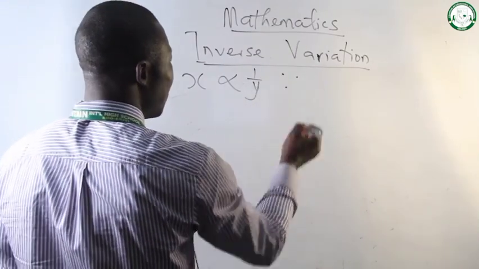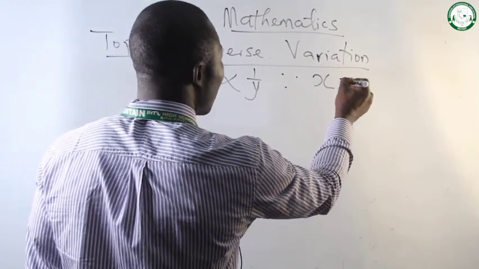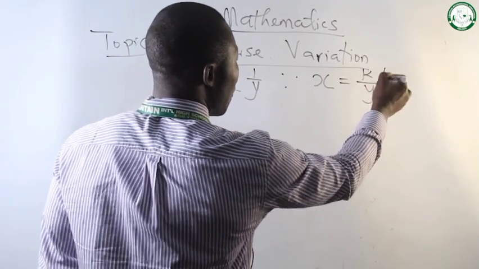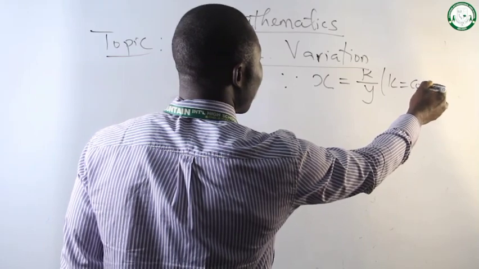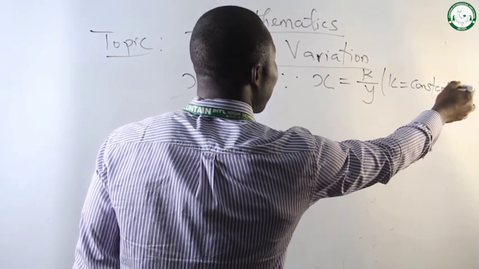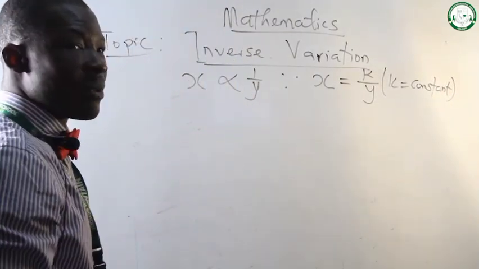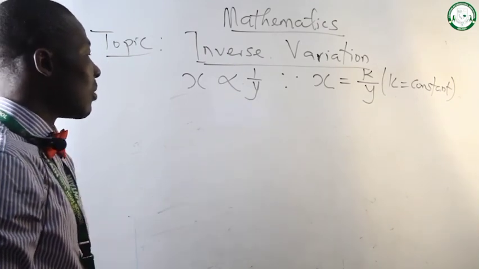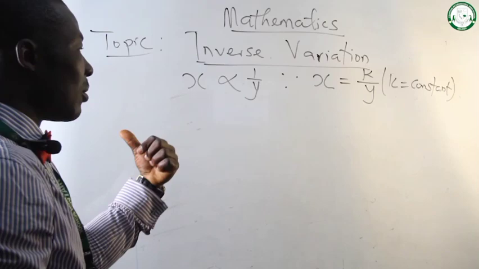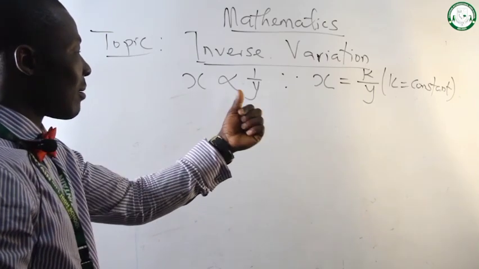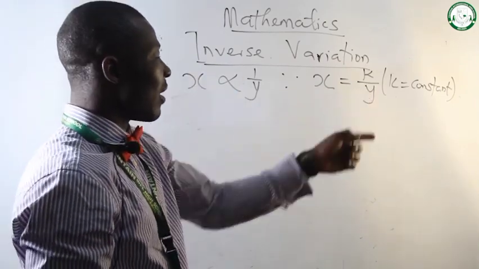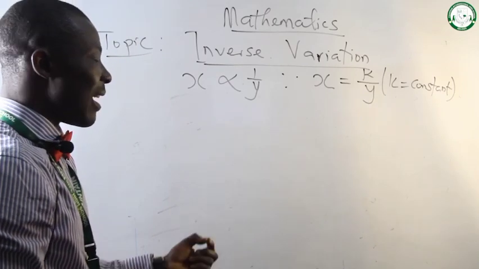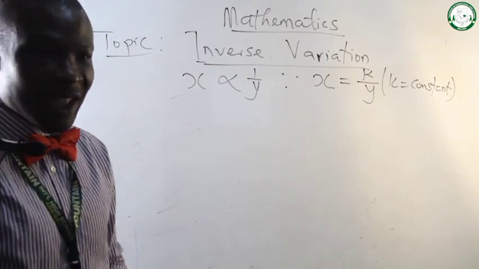Therefore, it makes x equals k over y, where k equals constant. As we all know, by the time we introduce k into variation sign, due to the knowledge that we have in the past, x equals k over y. K is constant. K is the factor affecting the situation at that time.